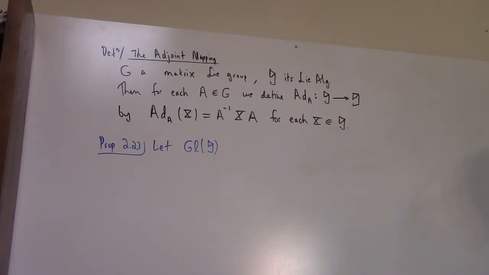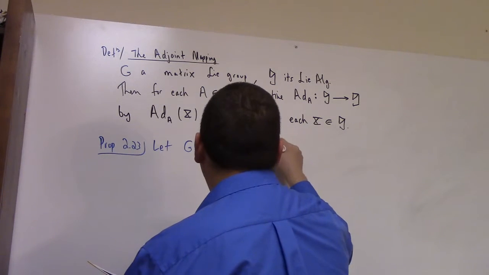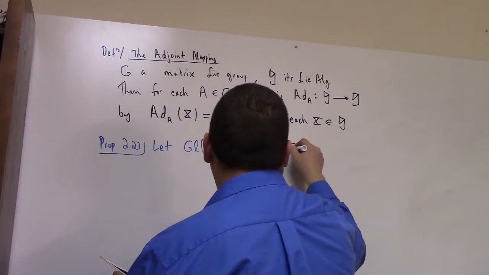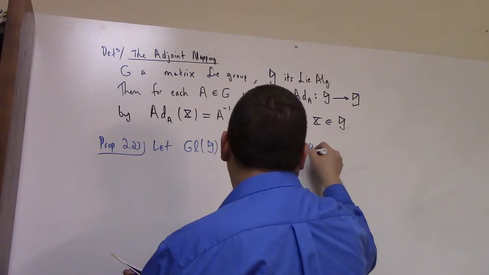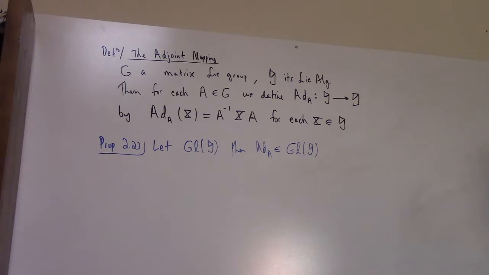The general linear group of the invertible matrices among the Lie algebra, essentially. I think it's actually the invertible transformations, but yes, transformations.